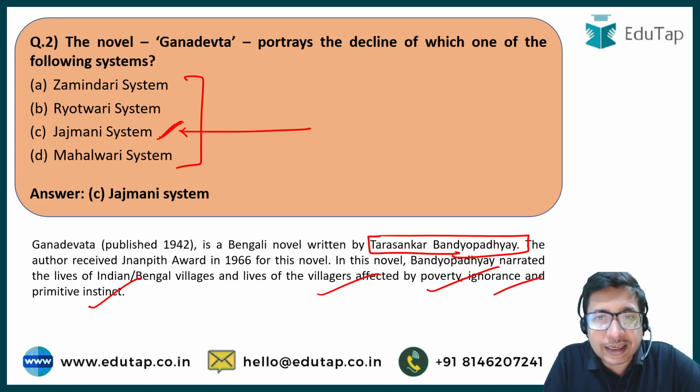They do not practice cleaning, they do not work in slaughterhouses, they do not cut each other's hair. So some works were delegated to particular communities. There was a community of barbers, of washermen, of cobblers, for example, and this was the Jajmani system.